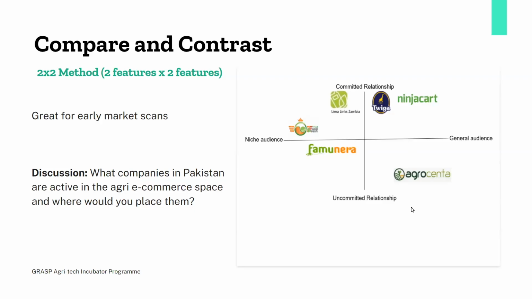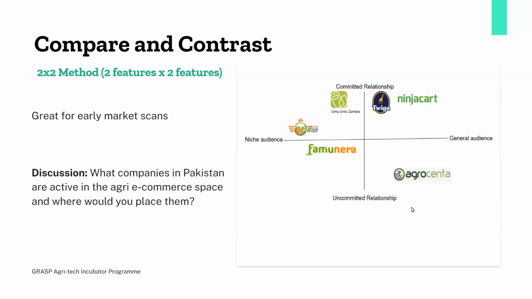They're going for mass market produce and so on. The relationship on the agent side is relatively committed, but on the farmer side is far more open. So anyone can kind of go in and get their produce quality assessed and so on.